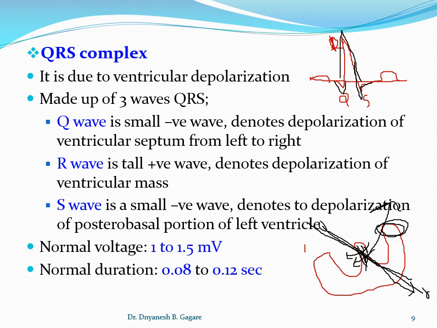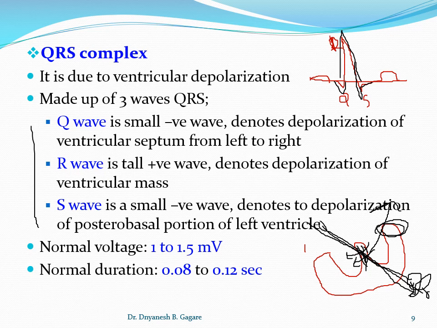For this reason, because the current is flowing away from the main exploring electrode, the wave is negative. Okay, so up to this point, students, we studied what the waves in the QRS complex are, what their causes are, and why it is negative.